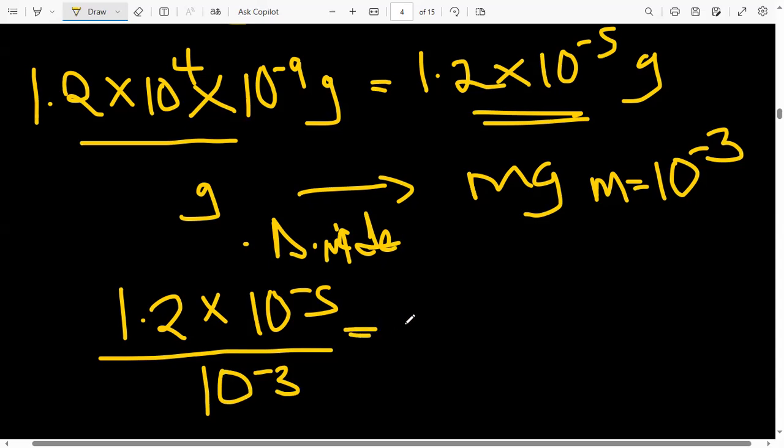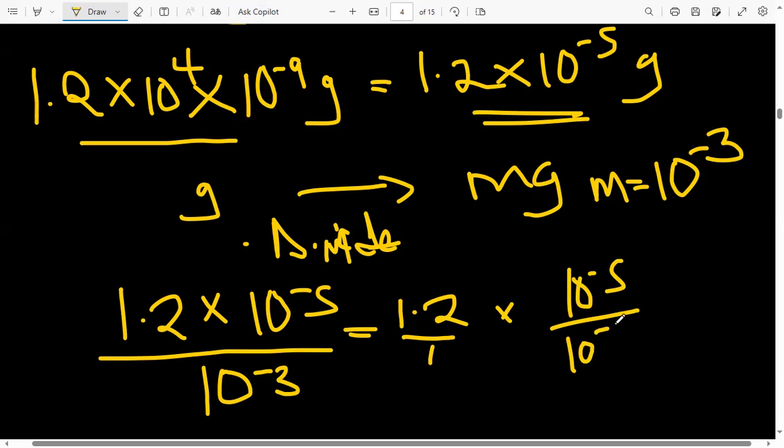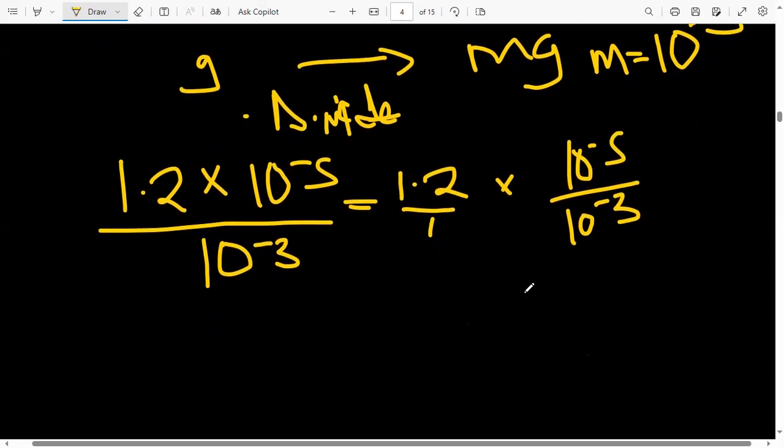Okay, so you can write it as 1.2 over 1, and then these ones you divide them. So it will be multiplied by 10 to the power minus 5 divided by 10 to the power minus 3.